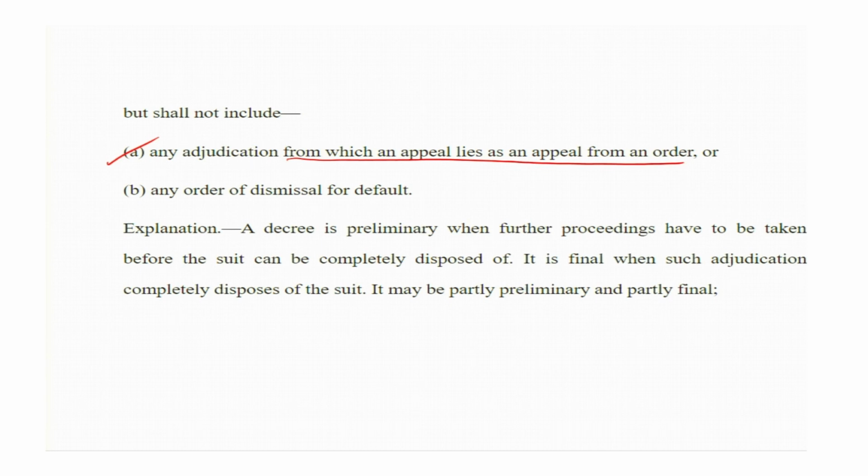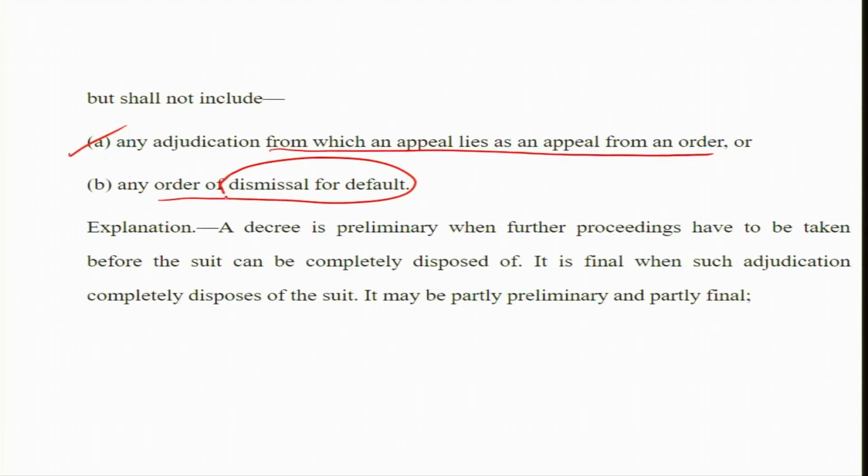Decree means when after the expiry of the appeal time, or if you feel this is okay and you are not approaching the appellate court, then that is a decree. Otherwise, if you approach the appellate court, then that would not come within the definition of decree. Another one, any order of dismissal for default, if you are not appearing after filing your case, this kind of order is also not a decree.